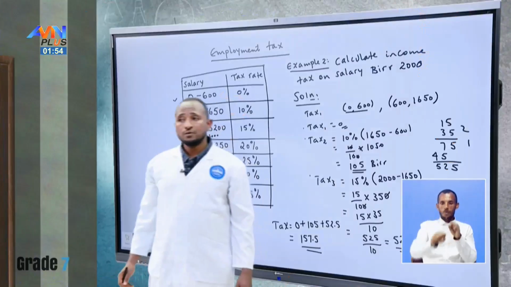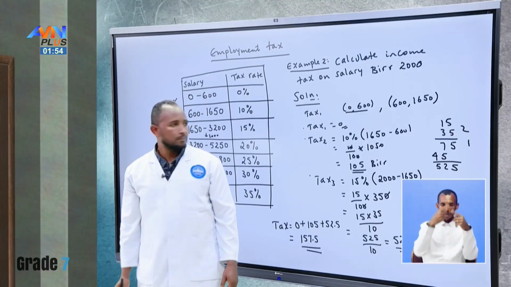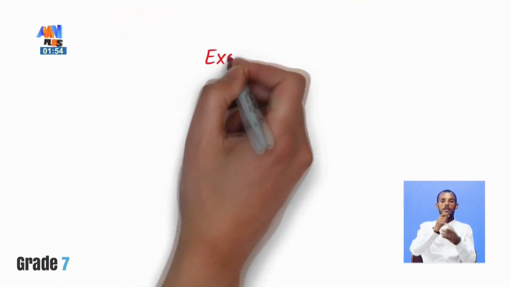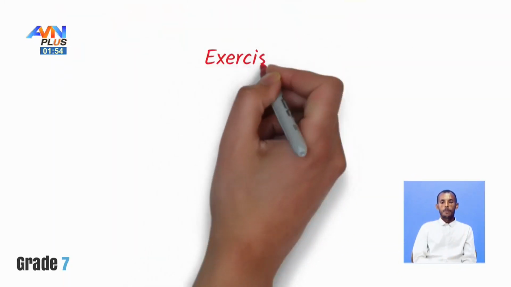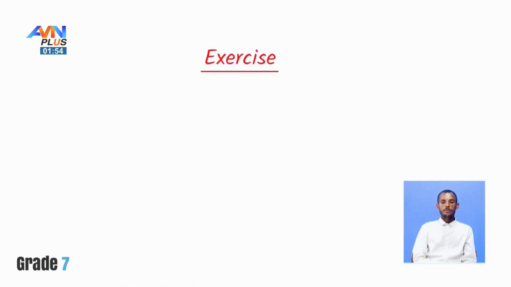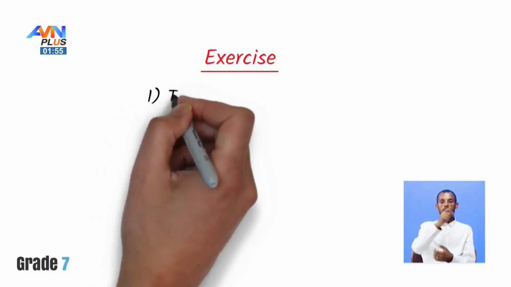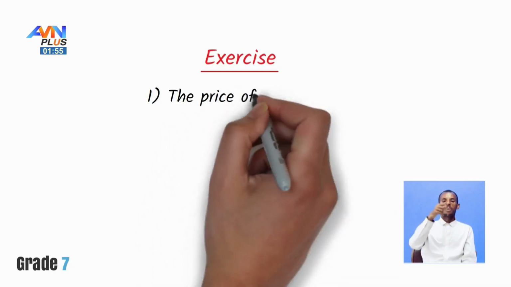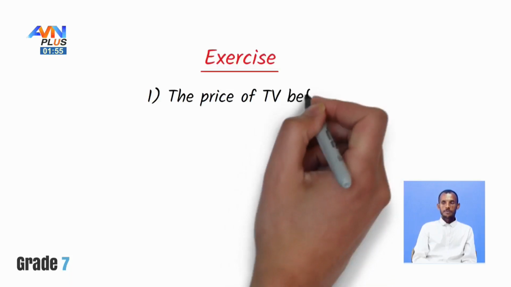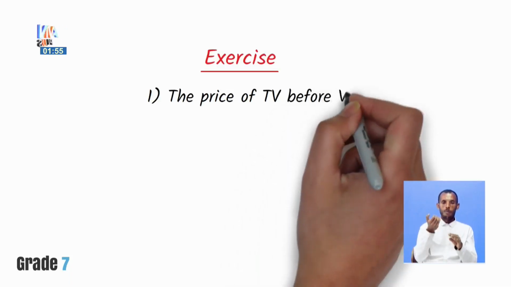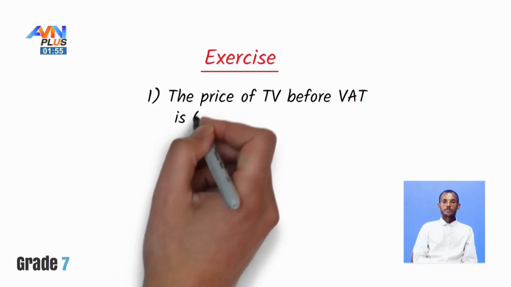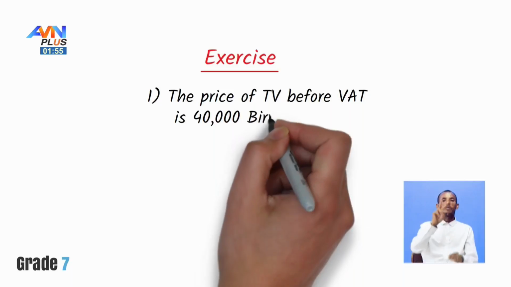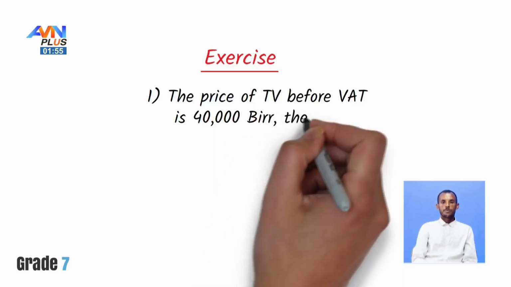I'll give you an exercise to try at home. Exercise. The price of a TV before VAT is 40,000 birr.